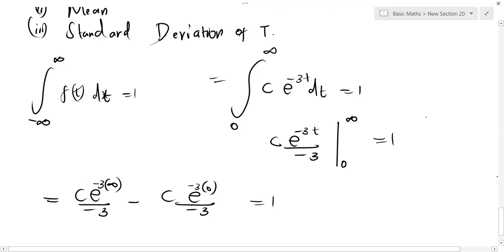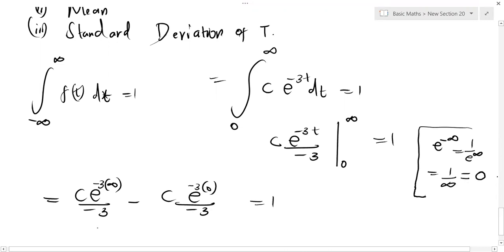Let's evaluate exponential minus infinity. It is the same as 1 over exponential infinity, which is 1 divided by a very big number. Let's say 1 divided by 10 million, you're likely to get 0.000, so it's 0.